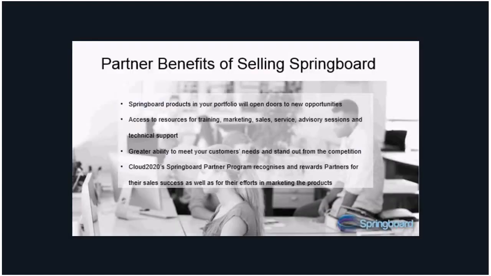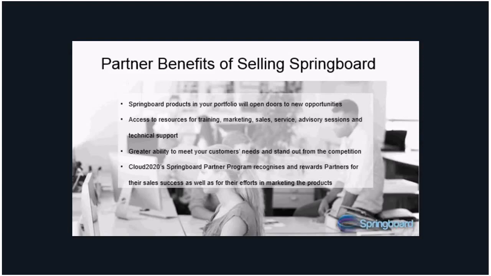Okay, so moving on, there are obvious benefits of partnering with Cloud 2020 to sell Springboard. So not only have you got access to our complete product portfolio, which should open some doors to new opportunities and the prospects that you're working with, but perhaps customers that you've already got a relationship with too. But also access to all of our pre-sales, marketing, sales collateral, etc., and our technical support. But hopefully also a greater ability to meet your customers' needs.